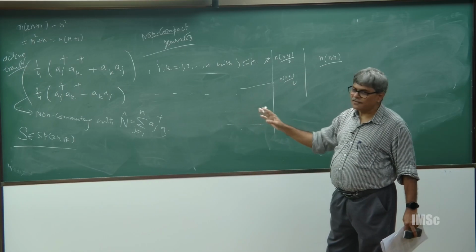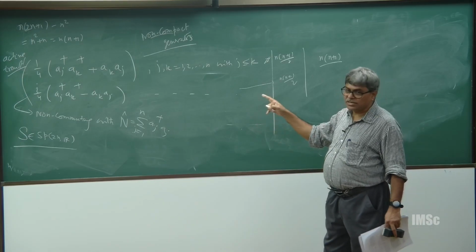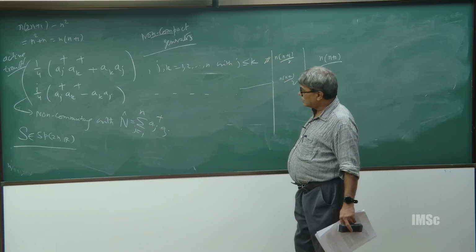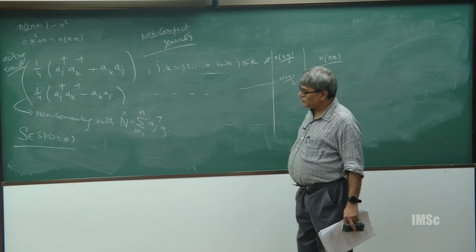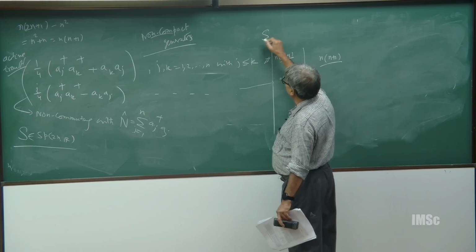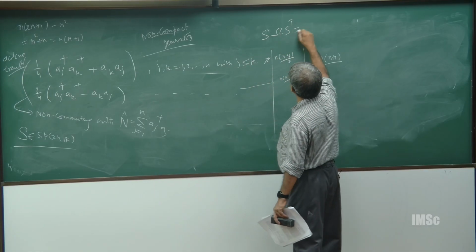No, this is about the transformation. I am not talking about the state. This is the group. I said that R equal to 0 corresponds to identity. Yes, yes. So, this is the group of 2n by 2n matrices such that S omega S transpose is equal to omega.